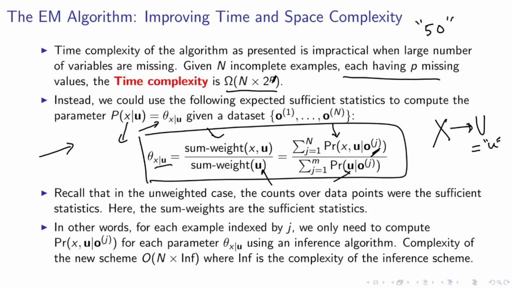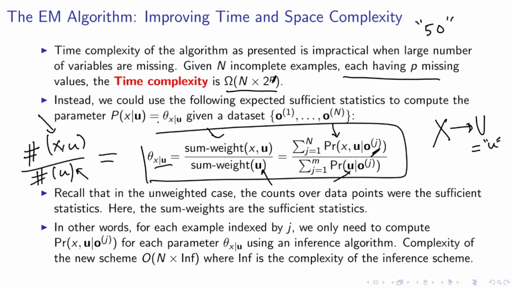If you recall, in the unweighted case, the sufficient statistic was the counts of x comma u divided by the counts of u. In the EM case, the expected sufficient statistic is the sum over the probability of x comma u for each example divided by the sum over the probability of u for each example.